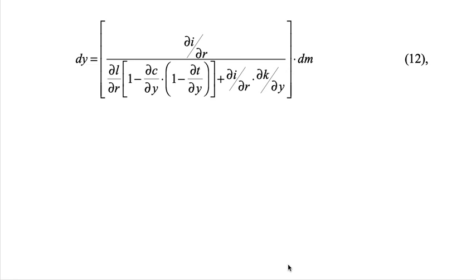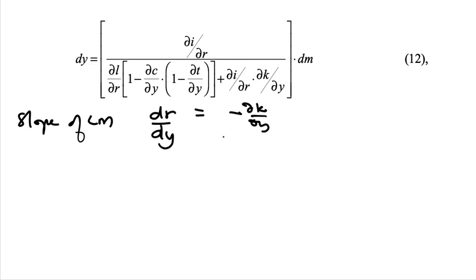And if you can recall back, okay, the slope of LM as shown in the previous chapter, okay, the slope of LM is this, dr over dy equals to minus delta k over delta y over delta L over delta R, and because this value is negative, negative makes negative positive. That's why your LM is upsloping.